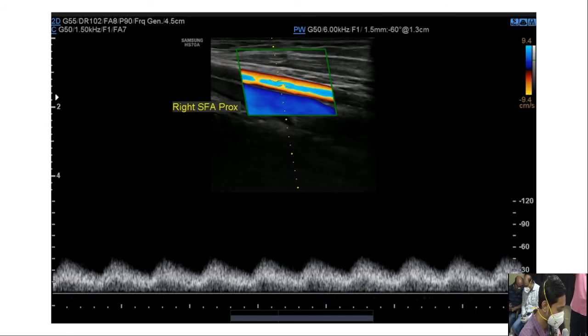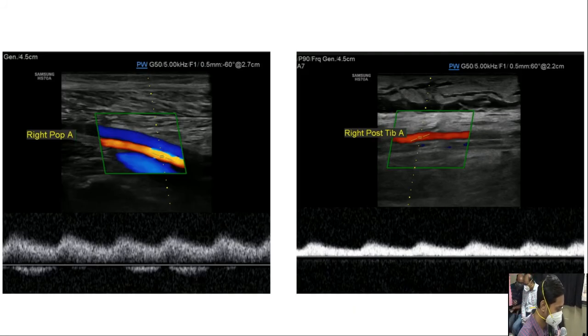Now on the right side in the superficial femoral artery, we can see a monophasic type of spectrum. We can see a similar type of spectrum in the popliteal artery and the posterior tibial artery. Both arteries are showing monophasic dampened flow with reduced systolic velocities.